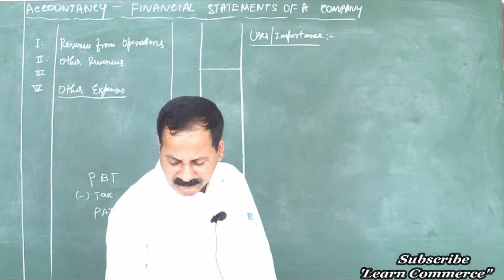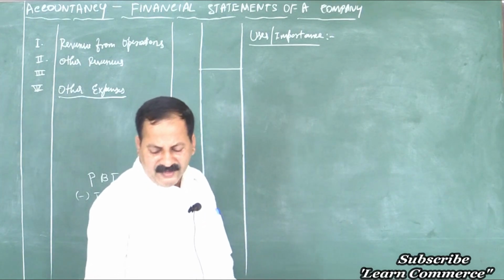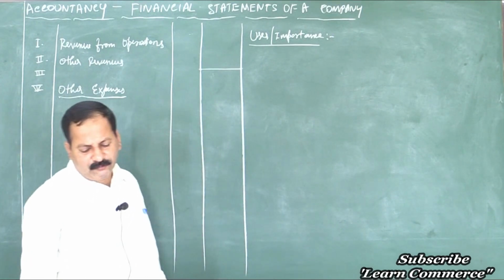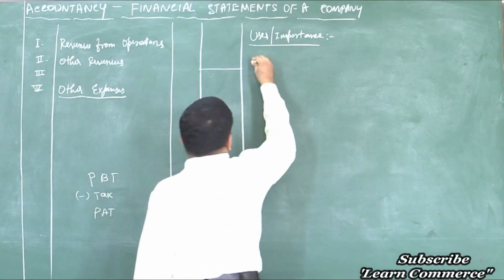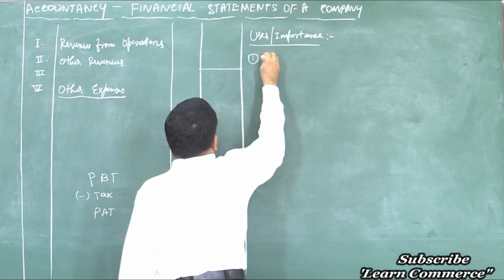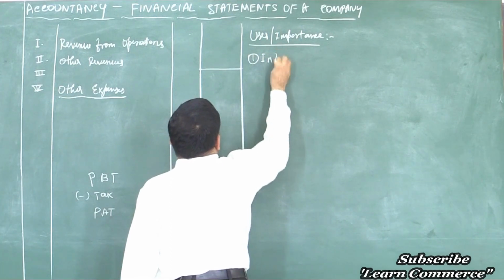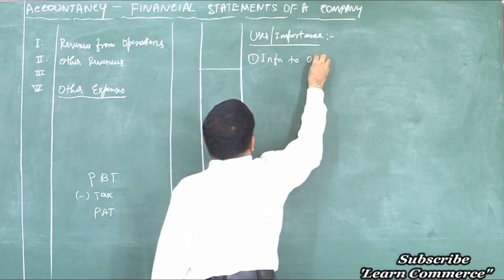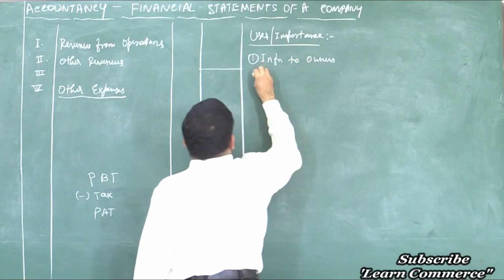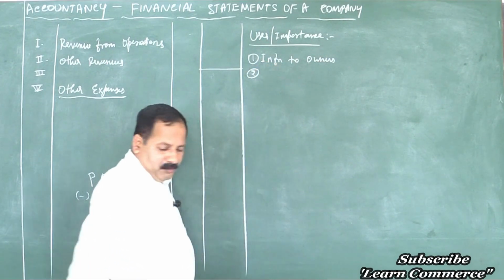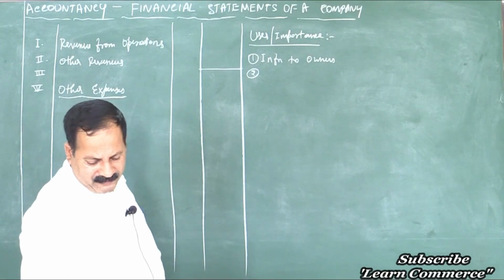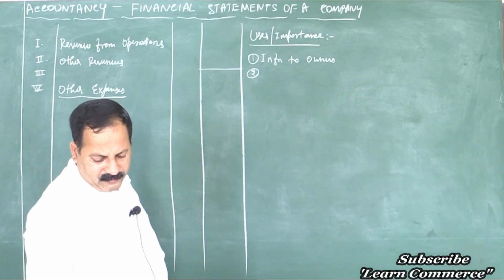Second one is, it provides basic inputs for industrial taxation and other economic policies of the government. First was information to owners, that is shareholders. Second is to impose tax, on the performance of the undertakings.